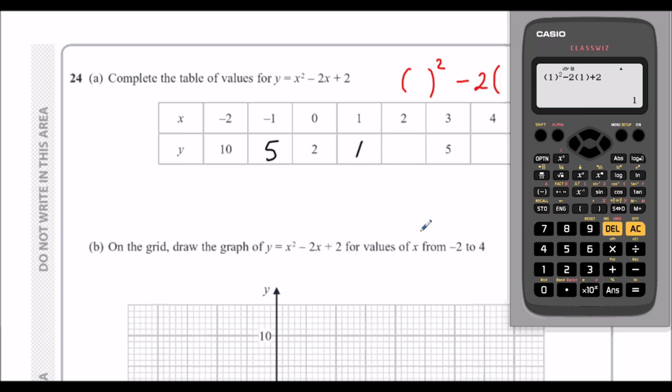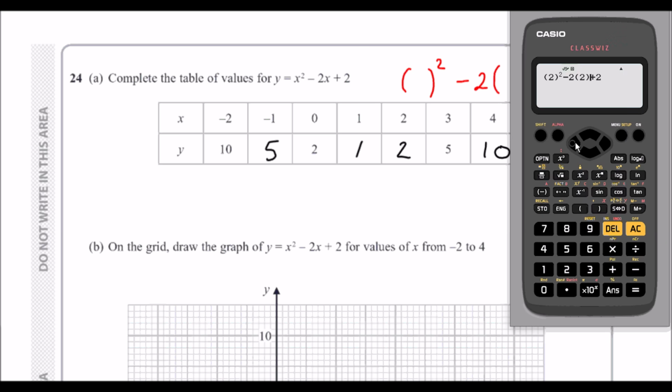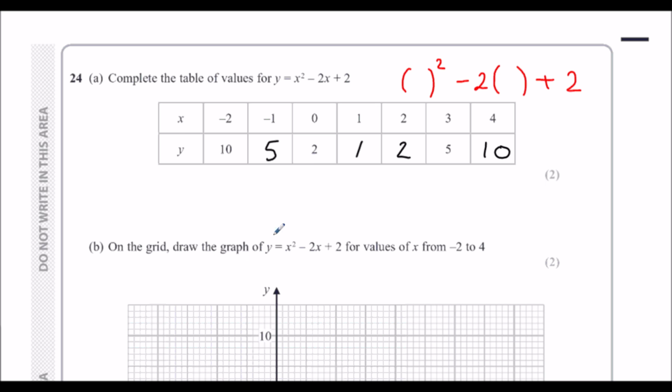And +2 is a 2. And we can see a symmetrical pattern here. So 1, 2, 2, 5, 5, and it should be 10, 10. We'll check by doing the 4. We should get 10 out as our answer. 10. So that's our table of values completed.